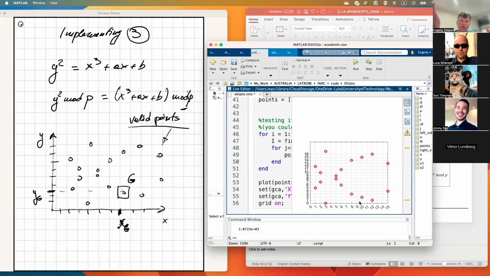You would add 1. You add 1 to 1, you get 2. You add 1 to 2, you get 3. You add 1 to 3. It's simple, right? But this is a rule on how you can generate all the valid points in a given range.